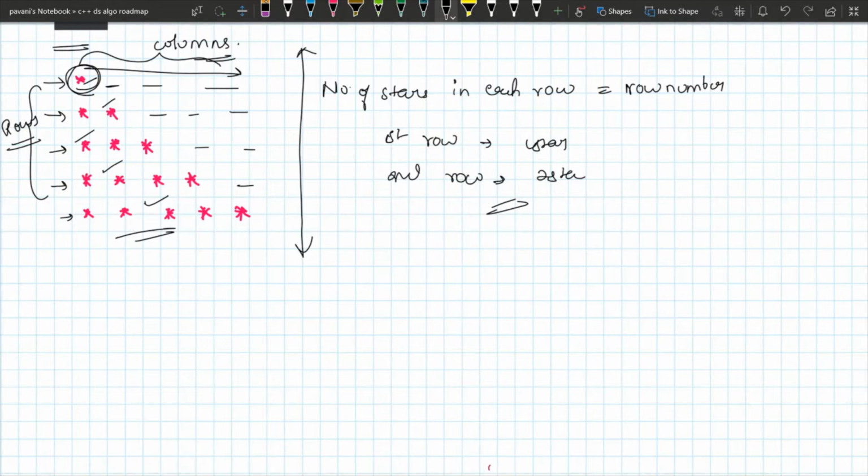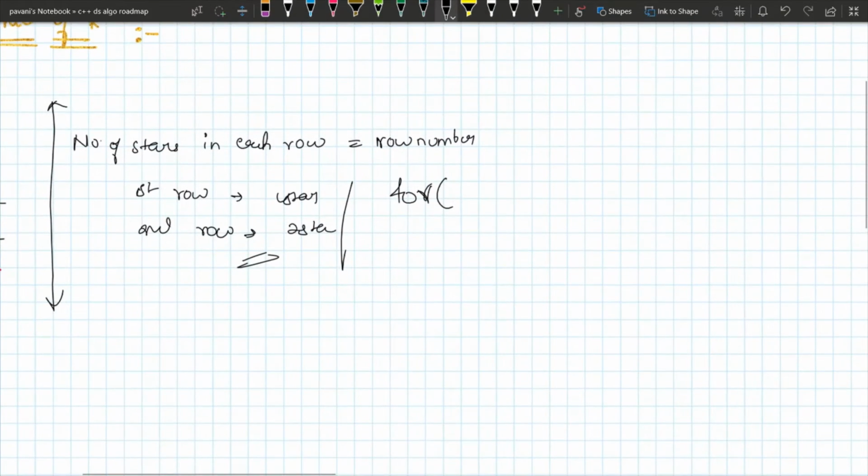You have to remember that the rows are handled by the i for loop. I explained nested loops in the previous video. The number of rows is defined by for i equal to 1, i less than or equal to n, i plus plus.